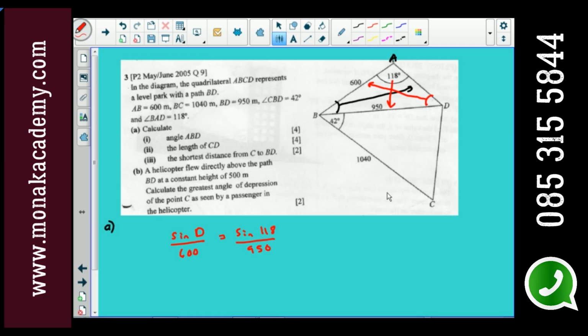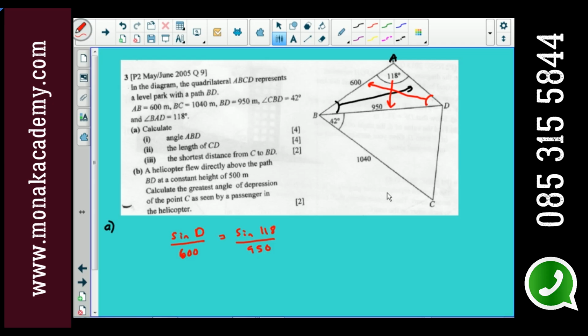So according to sine rule, the sine of that angle over the side which is opposite to that angle must be equal to another sine of another given angle divided by the side of that given angle. So that's my question. So far, are we in agreement on what I have written? And you saw where it came from, right?